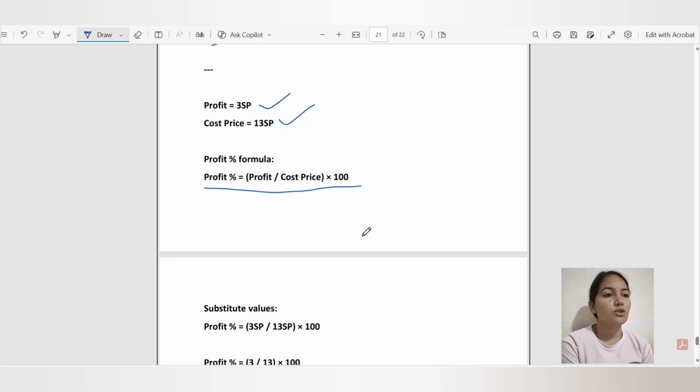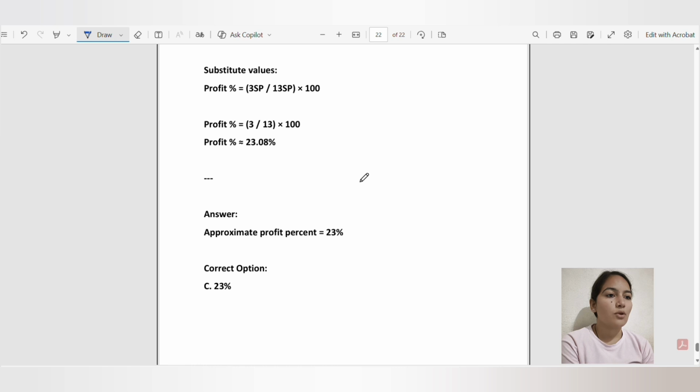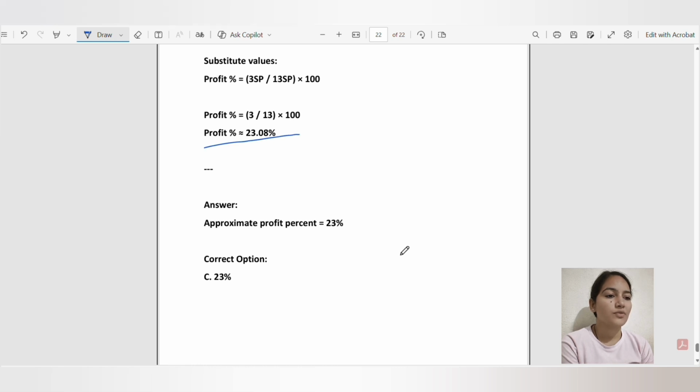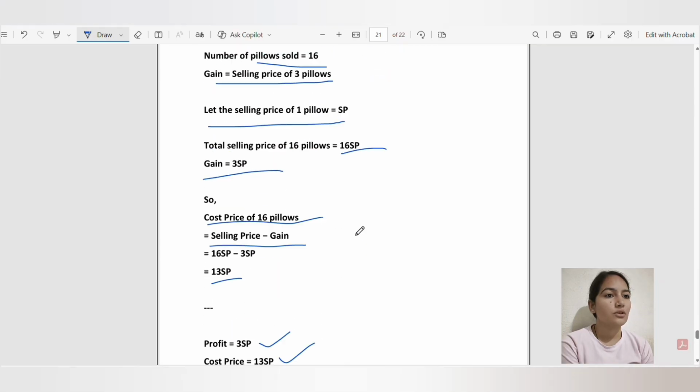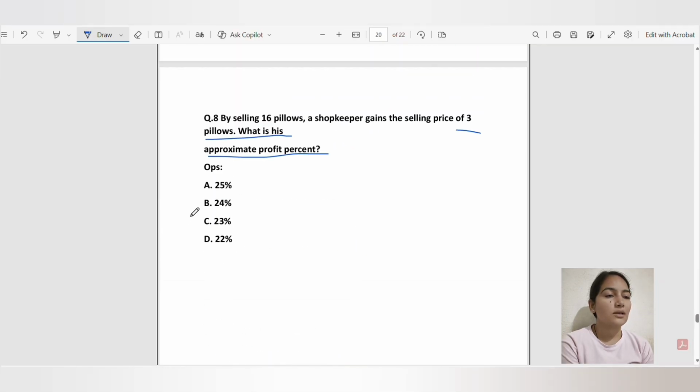Substituting, 3 SP divided by 13 SP into 100, and by solving this, we get profit percentage is 23.08. So our answer is 23%. The correct option is C.